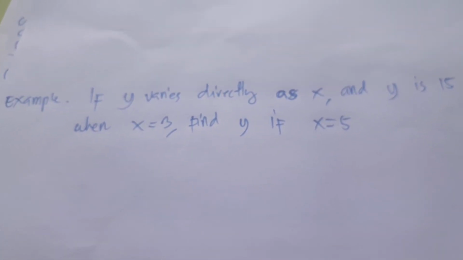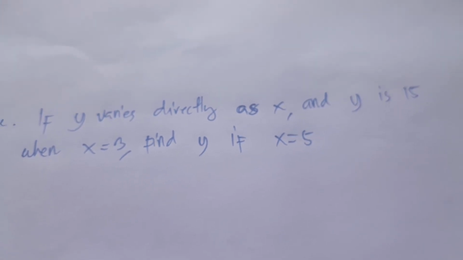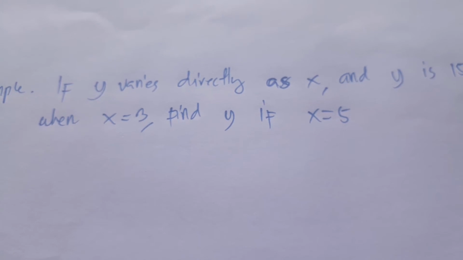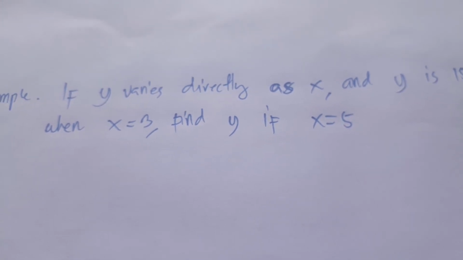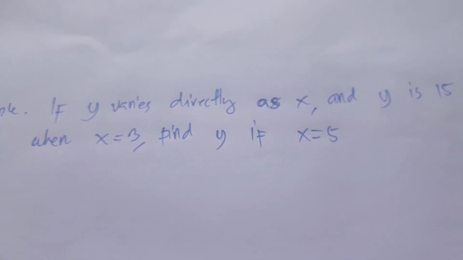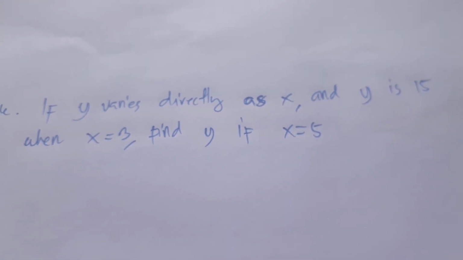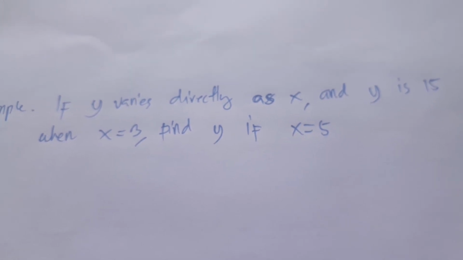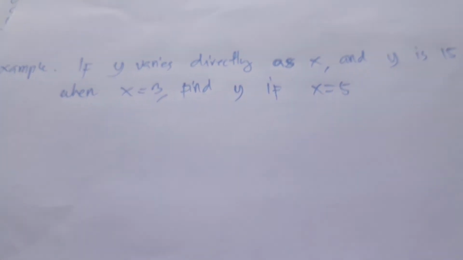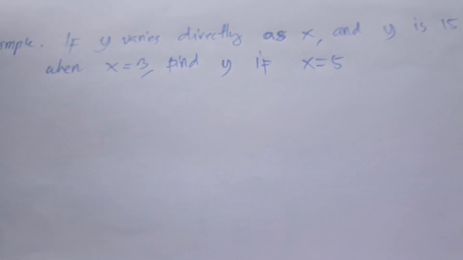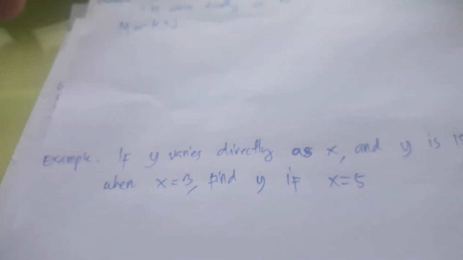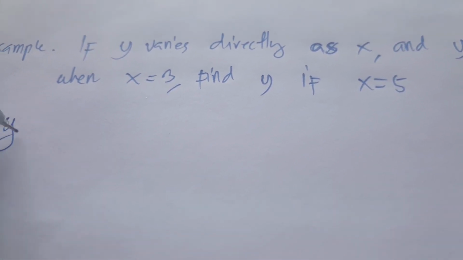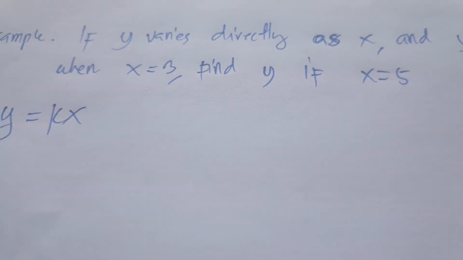Another example I have here. If y varies directly as x and y is 15 when x equals 3, find y if x equals 5. First, we use our general model of the form y equals kx.